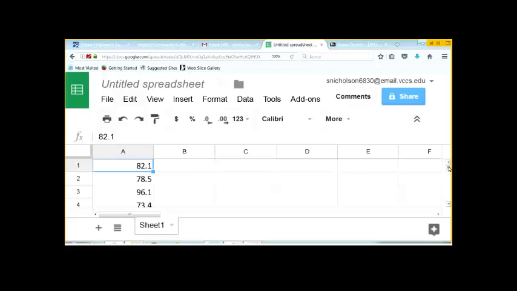So we're going to figure out what the mean is using the formula, and to calculate the median, you can use the formula, but we'll show you how you actually do it manually. And we'll create a histogram, because you're going to have to do that again.